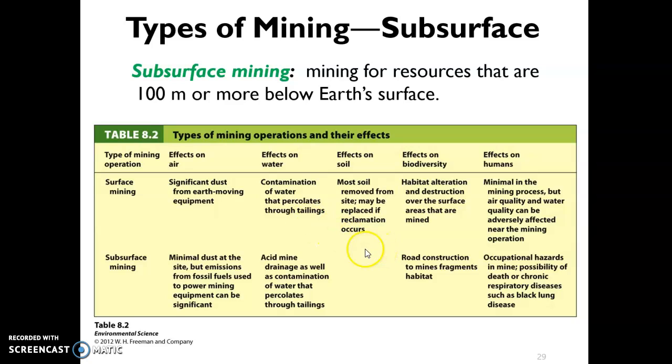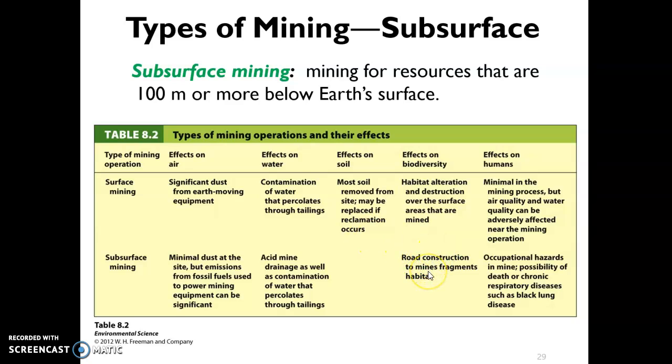On subsurface mining, you don't have as much effect on soil. In surface mining, soil is physically removed from a site and often is left behind blocking streams and rivers, but occasionally may be reclaimed and have the mountain be put back together.